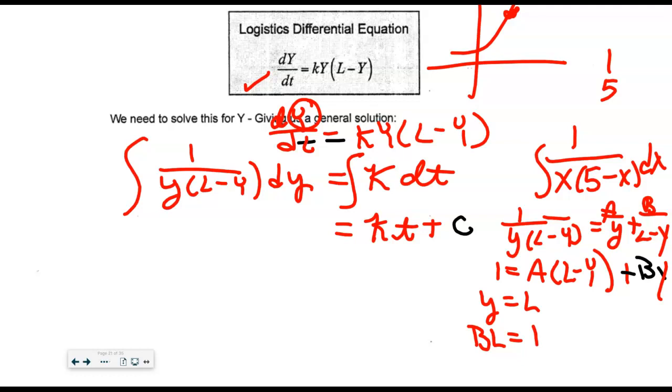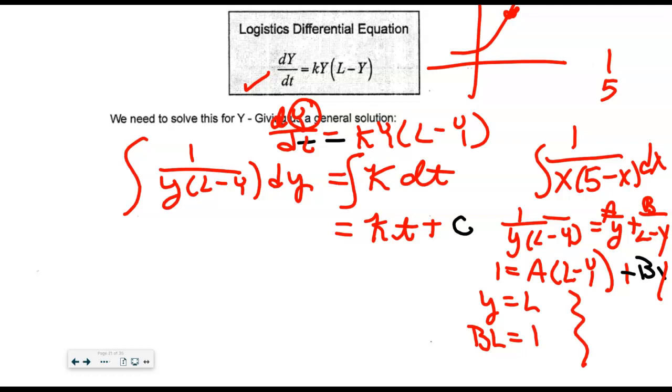What's B? It's 1 over the carrying capacity, right? So if the ecosystem can support 1 million butterflies, it'd be 1 over 1 million. All right, so that's a 1 over L over, and B was over my L minus y, right? Let's go find our A. So I'm going to put that one first. So for my A, what else could I strategically choose y to be?